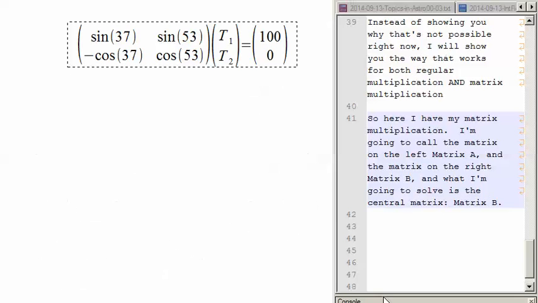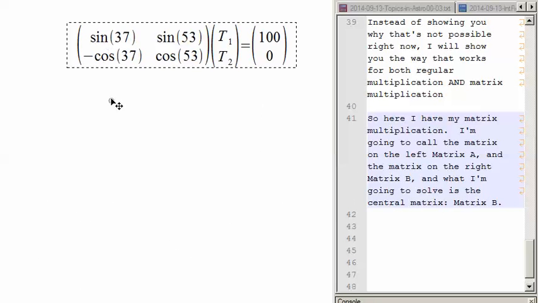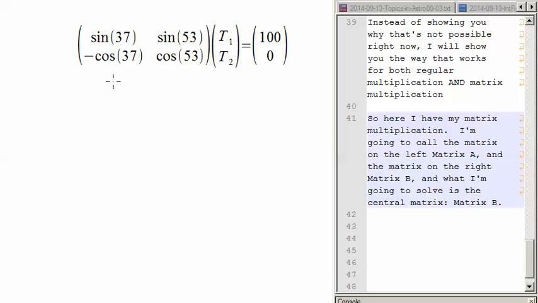So here I have my matrix multiplication. I'm going to call the matrix on the left matrix A, and the matrix on the right matrix B, and then what I'm going to solve for is the central matrix, matrix X, or matrix T1, T2.